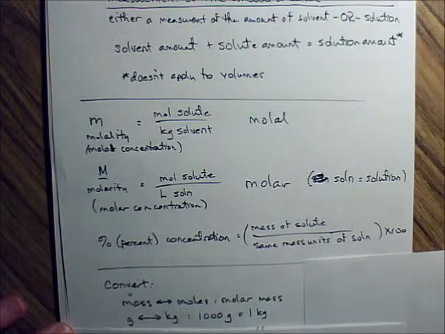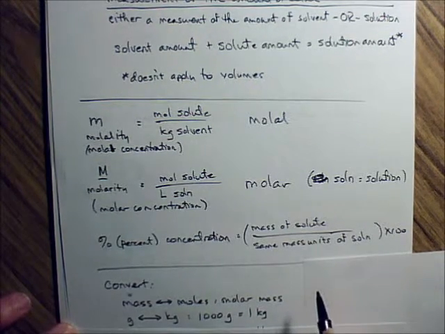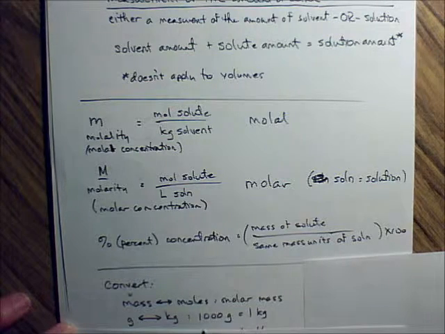If we're converting grams into kilograms, you need to know that the equality statement that allows us to do that is 1,000 grams equals 1 kilogram.